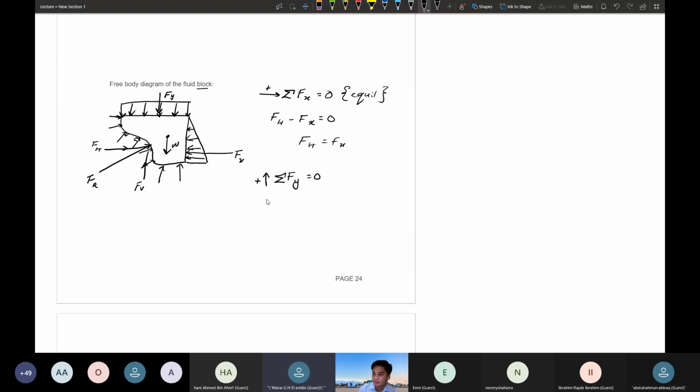Negative Fy, negative W, positive FV, equal to 0. So rearranging, you will get FV, the vertical, equal to Fy plus W.